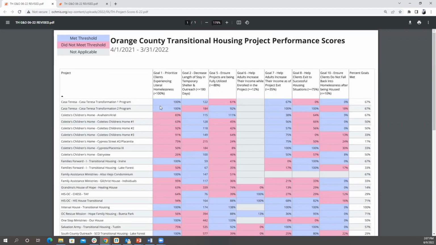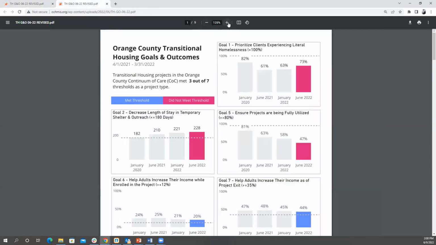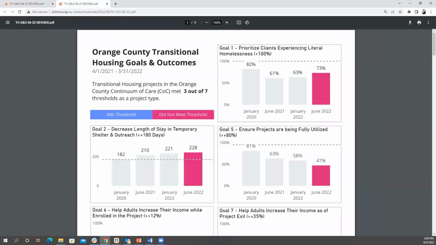So as usual, we have a project scores report. This lists all transitional housing projects that were included on the report and their performance for each measure. And then we also have the goals and outcomes report. So first you can see clients entering from homeless situations has gone down a bit over time to 73%.